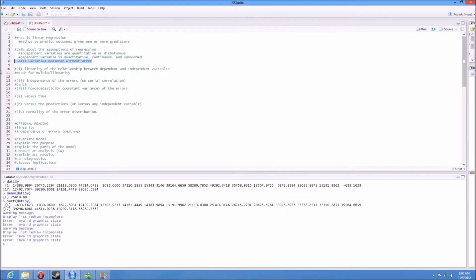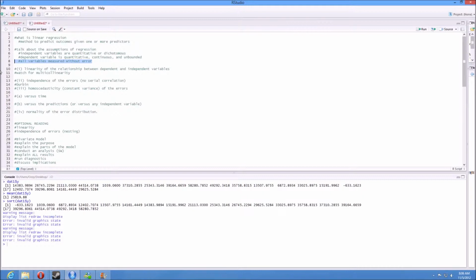Now we really don't get this at all in social science. And even in harder sciences, there's still going to be error in the information you have. However, the more error you have in measuring your variables, the less confident you can be in your inferences.